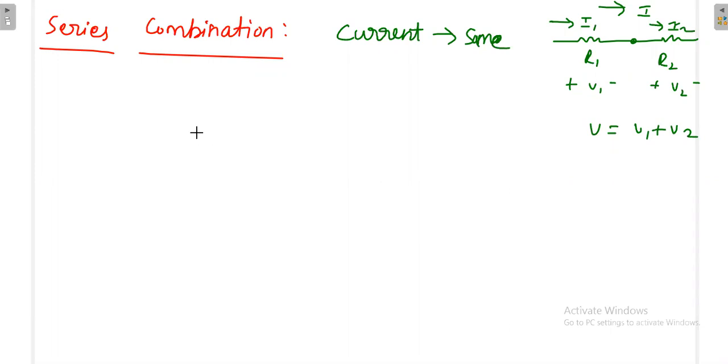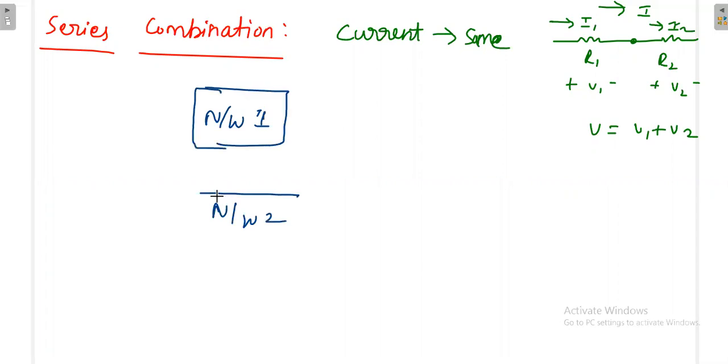Whenever you make a series combination, it's better to represent it. Say I have one network, network 1, and another network 2. This is two-port network 1, and this is another two-port network 2.